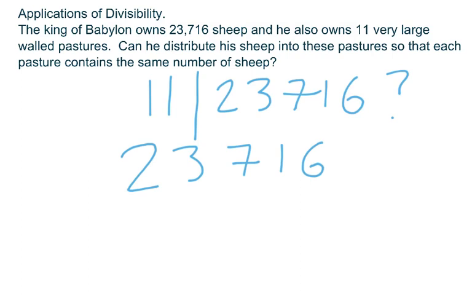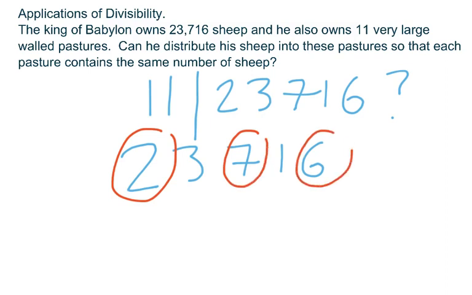Start with the first digit and take every other digit from there to the end. Then add them up. So if I add 2, 7, and 6, 2 plus 7 is 9, plus 6, I get a sum of 15.